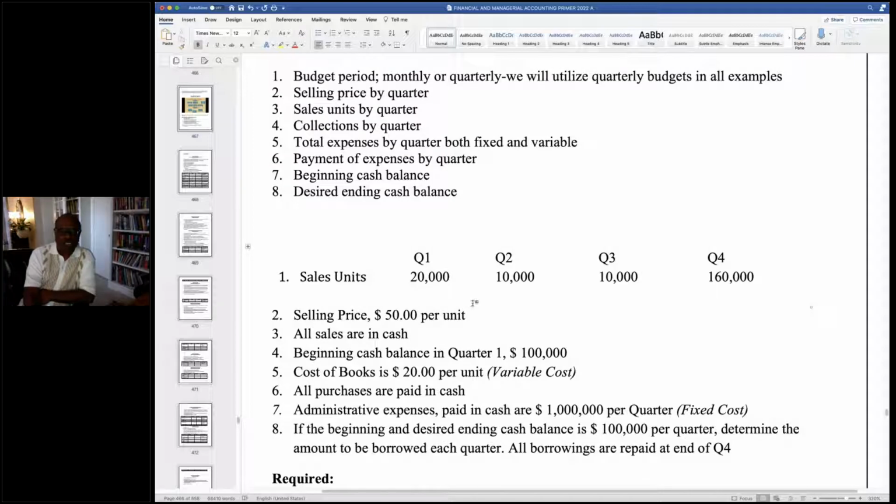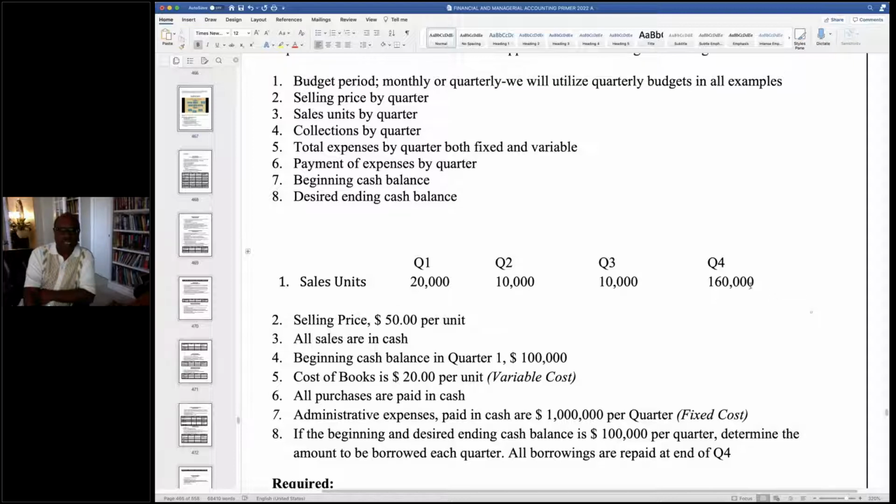Now, we simply look at the income statement. We can see that our sales are going to be about $200,000 and our cost of $50,000. So we're going to make money. But notice that these sales are in the fourth quarter.